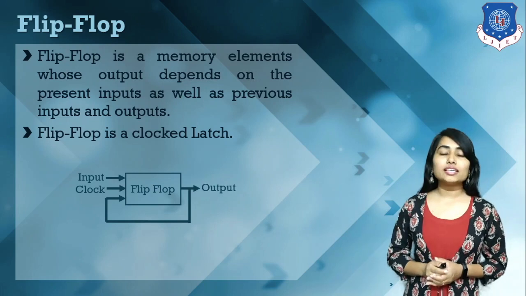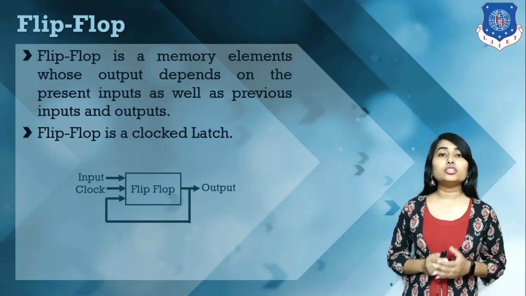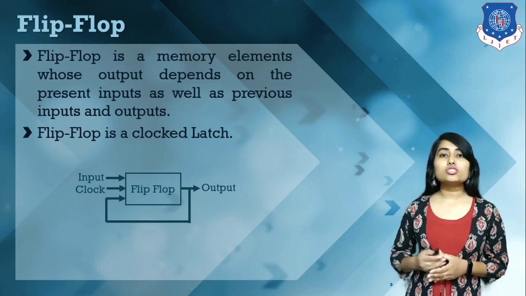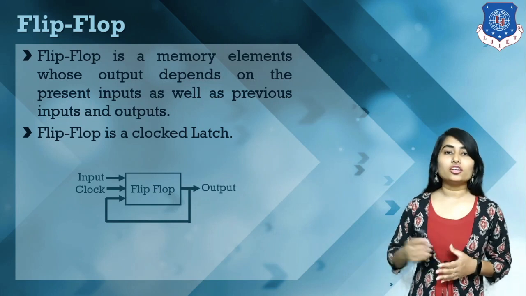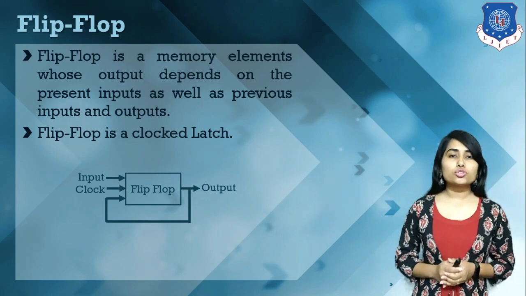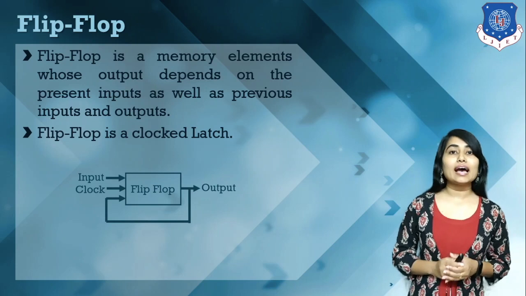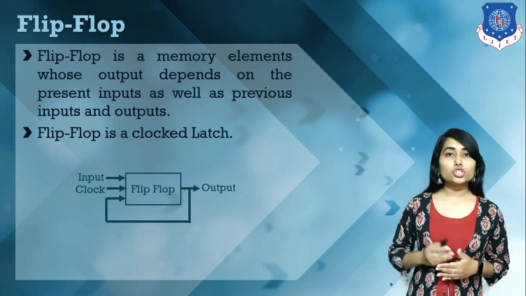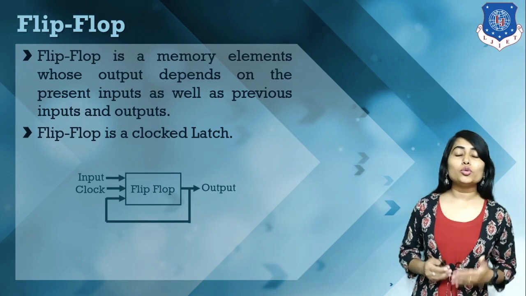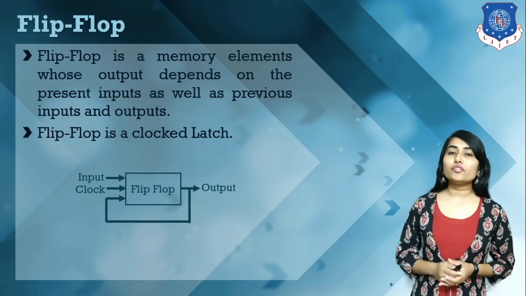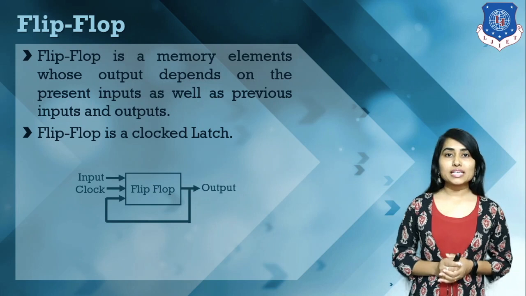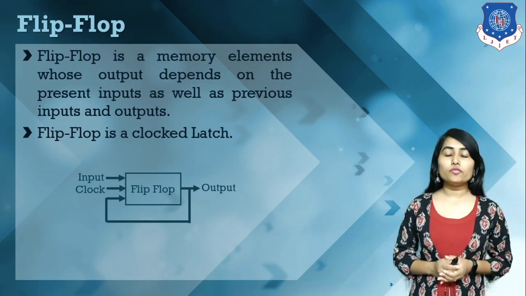This clock signal is applied for making the operations of all the flip-flops synchronized, and the present input and past output are required for the operations. So here we have the basic definition of this flip-flop.